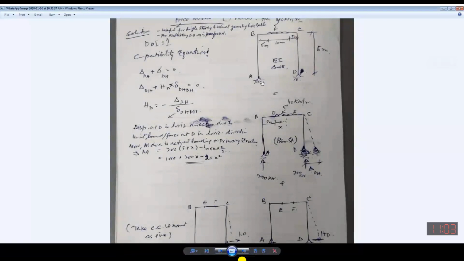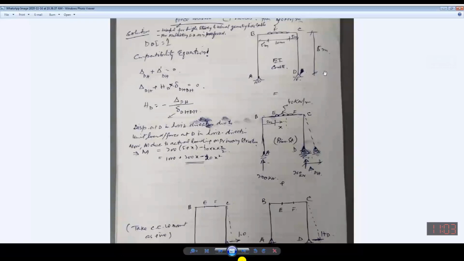So it is this one. It will also be directed rightward at point A. At point A, it will be 157 rightward, and at point D, it will be leftward. So it has become determinate, and the whole structure has been analyzed.